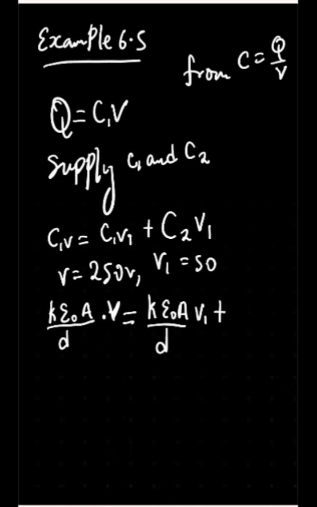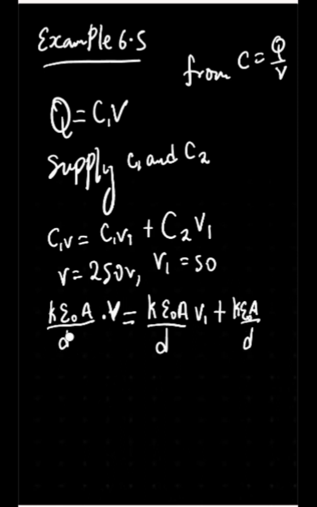What do we mean by dimension? Area, distance, dimension. So it means that this C2 will also have the same area A, the same distance D. Now what will be different here is the constant of permittivity, K epsilon naught.